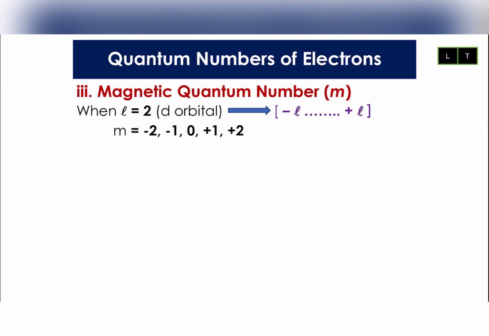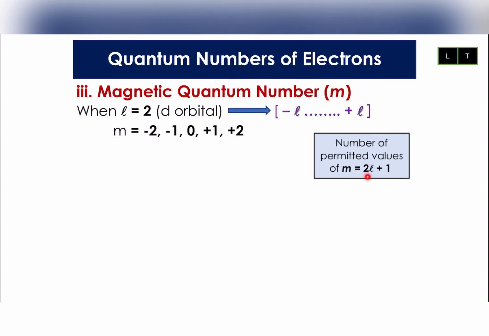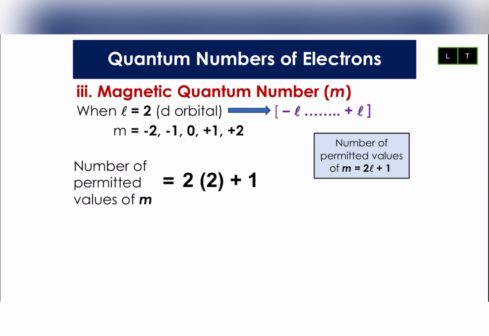Next, I want to determine whether these 5 numbers are correct or wrong. I can use this formula to determine the number of permitted values of M. We have 2L plus 1. So this number, I can determine whether we have the correct number of orientations or not. So I'm going to put my value 2 here for L in this case.